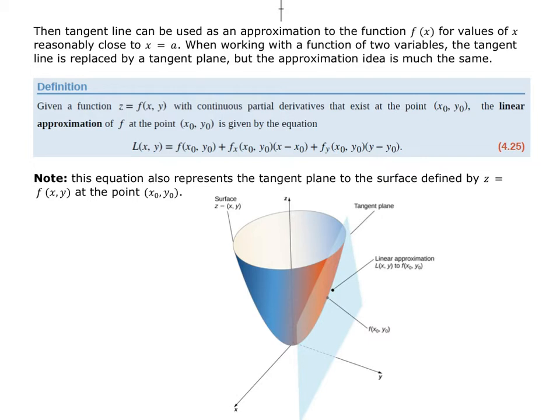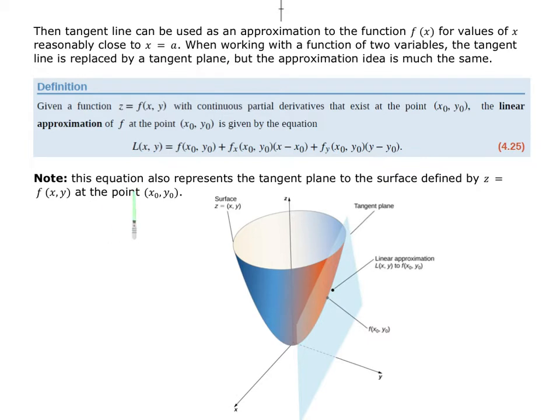This will yield a value that is reasonably close to the exact value, and the plane that is used to find the linear approximation is also the tangent plane to the surface at that point x naught, y naught. So that's why we do it.